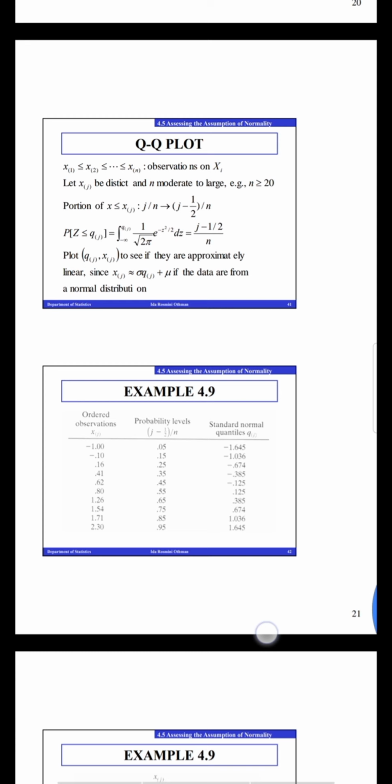Okay, so we are using the QQ plot when we want to know whether our variable is normal or not for univariate. Untuk single variable, untuk satu variable, kita akan gunakan QQ plot as the graphical method to see whether the variable is normal or not.